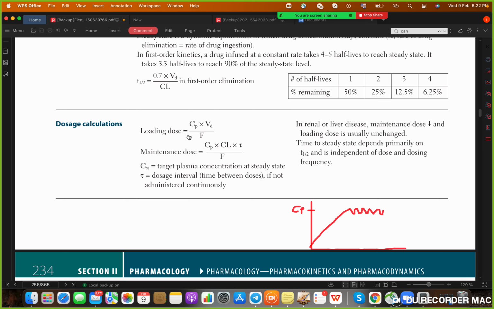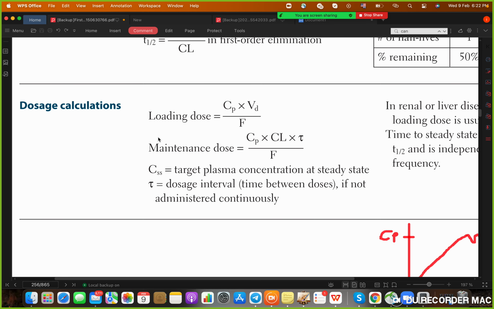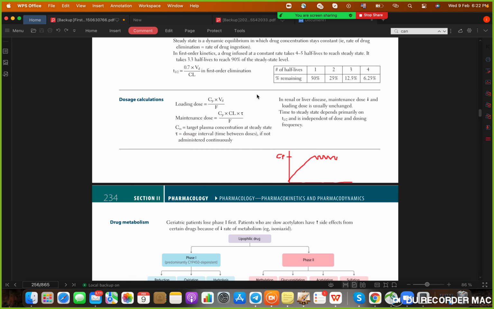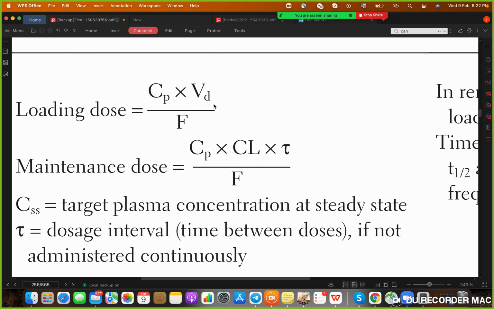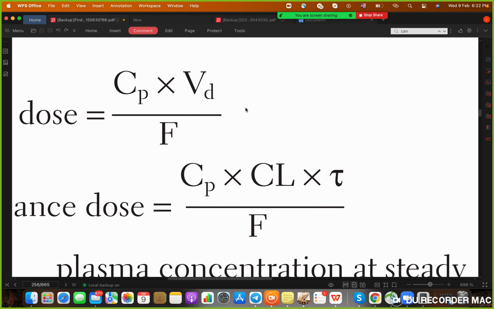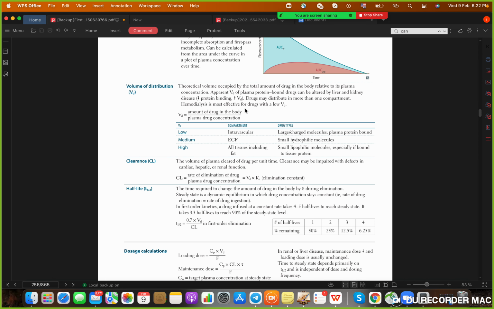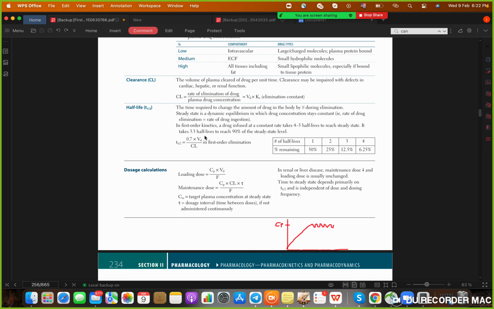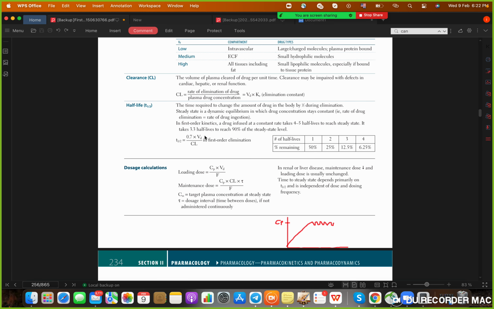So the loading dose is equal to the following. They write it's equal to the target plasma concentration multiplied by the volume of distribution, which represents which tissue the drug goes to. For example, if we have a really low volume of distribution, it's stuck in the vascular compartment because it's bound to the albumin.